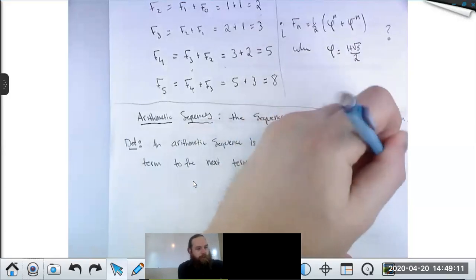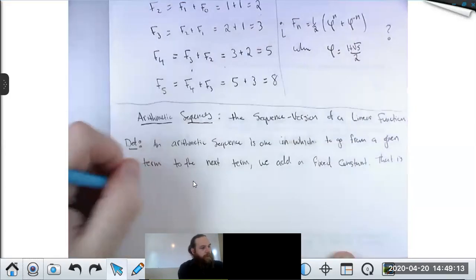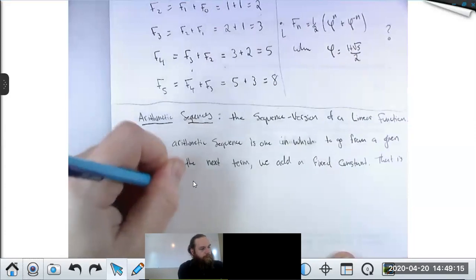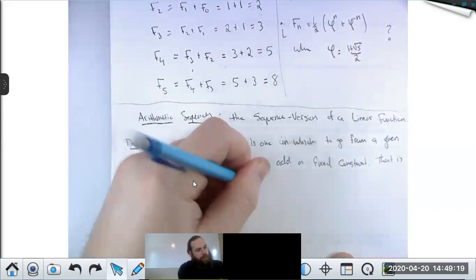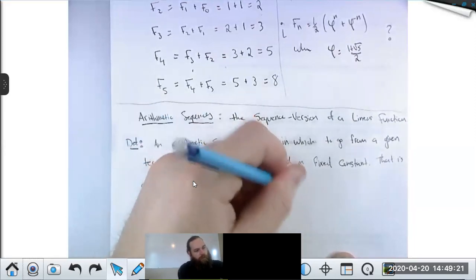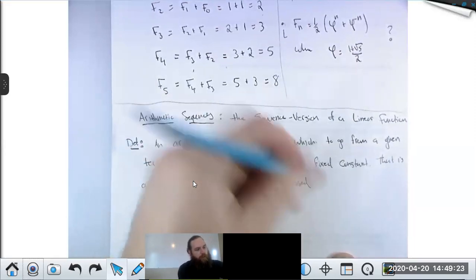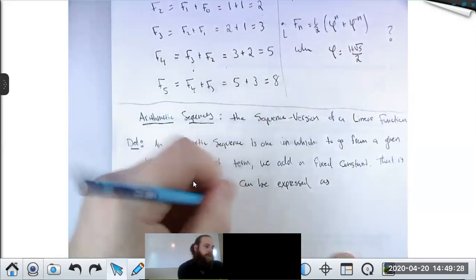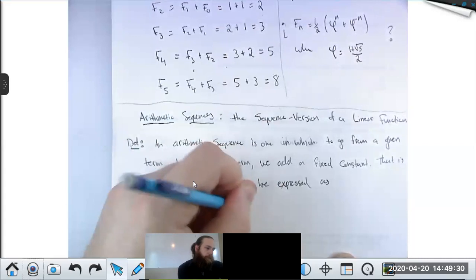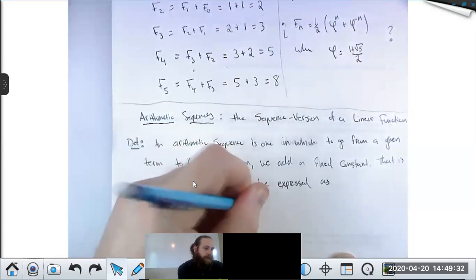So that is a sequence which can be expressed as an equals A0 plus n times d.